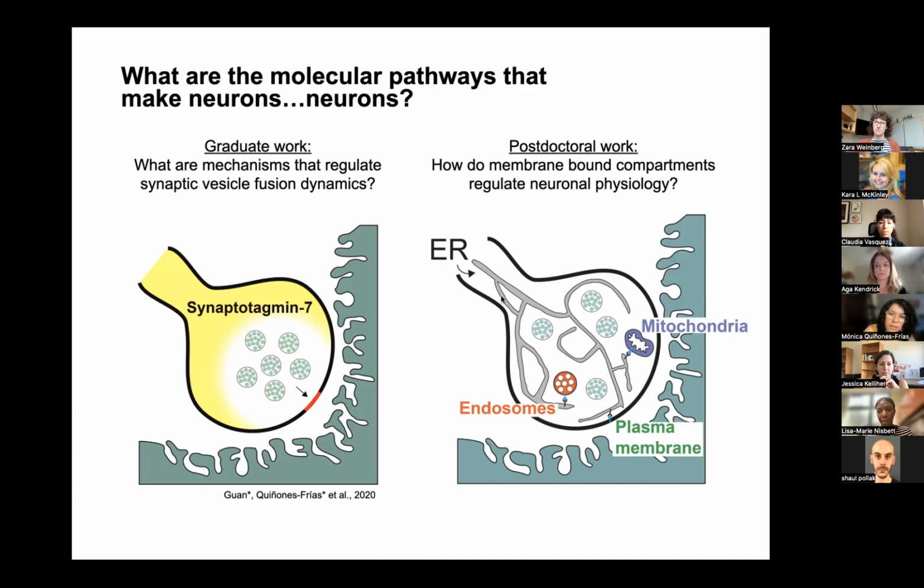I became interested in the ER because even though it's a highly abundant organelle at synapses, we know very little about its structural dynamics or even functions at synaptic terminals. I also became interested in how the ER might regulate endosomes at synapses, because work from non-neuronal cells has shown that these compartments interact extensively, but we really don't know what their function is in neurons.